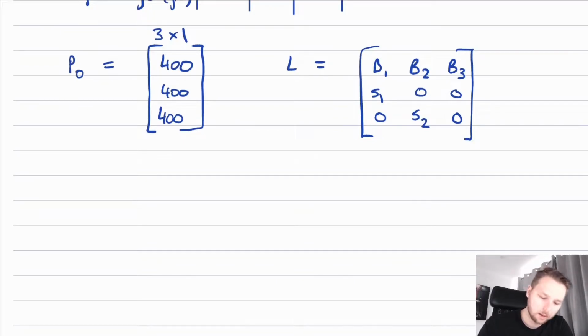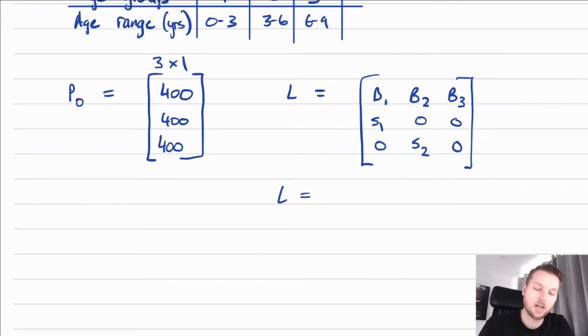We're going to say that in our Leslie matrix, the birth rate for the young age group is actually going to be 0. We're going to say that from 0 to 3 years, they're still maturing. The birth rate of the middle age range from 3 to 6 is going to be 2.3, and the birth rate of the old species is going to be 0.4.